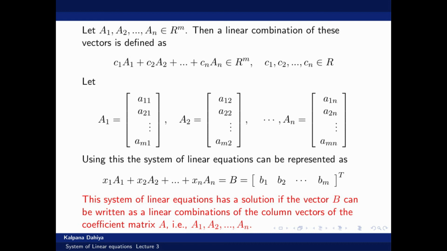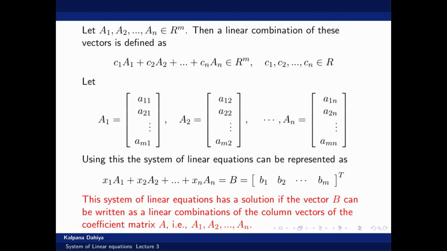Let capital A1 be the vector defined as a column vector with entries a11, a21, am1. So we can say that this is the column vector representing the coefficients of variable x1 in the system of linear equations. Similarly, A2 is a12, a22 and so on up to am2. This is the vector representing the coefficients of variable x2 in the system of equations.